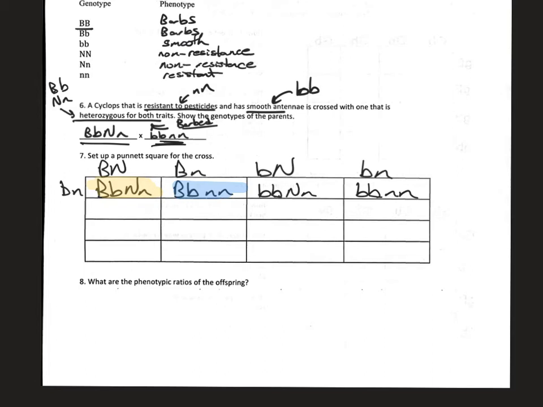This one is smooth but not resistant. And this one is smooth and resistant. So it's 1/4 each. 1/4 barbed and non-resistant.